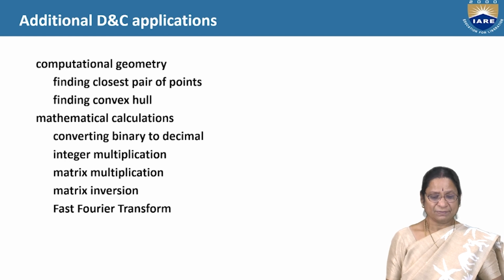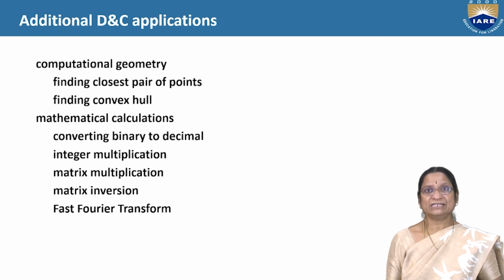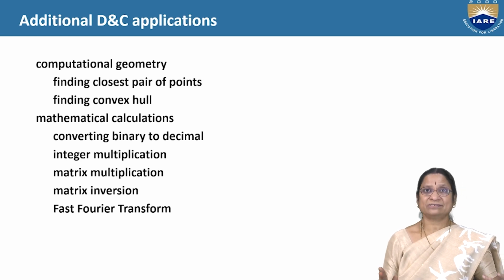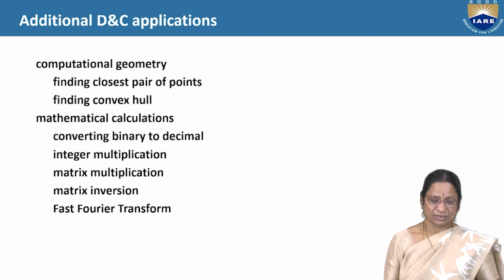In computational geometry, we can find the closest pair of points and find the convex hull; for that also we can apply the divide and conquer strategy. In mathematical calculations, converting binary to decimal, we can use divide and conquer. Integer multiplication, because we started this divide and conquer strategy with the integer multiplication concept only. Matrix multiplication, just now we have seen as Strassen's matrix multiplication.